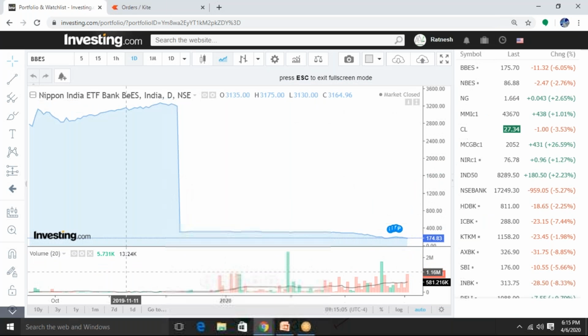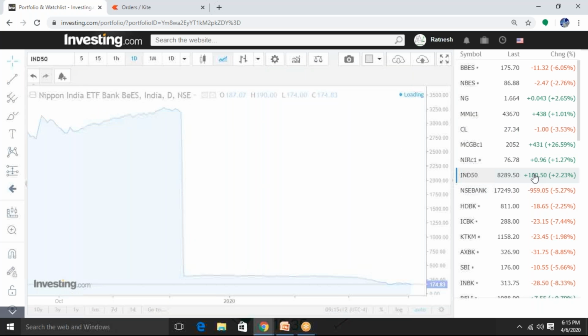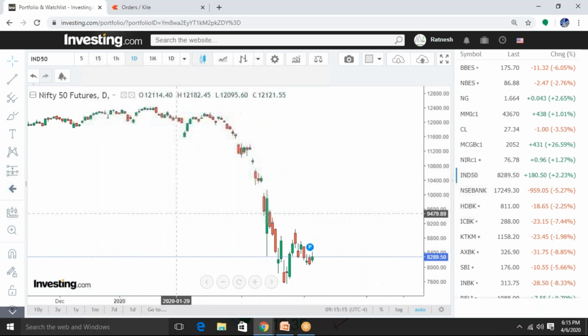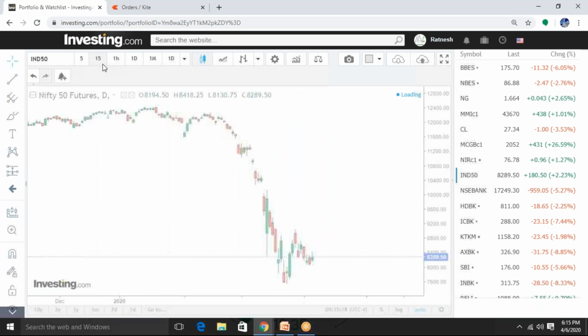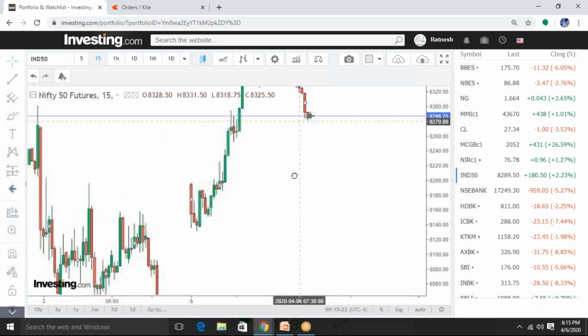Currently, our live market is running, actually Nifty 50. Let me try to find what patterns formed in that. This is the 15 minutes chart. Let me show you what patterns formed today.